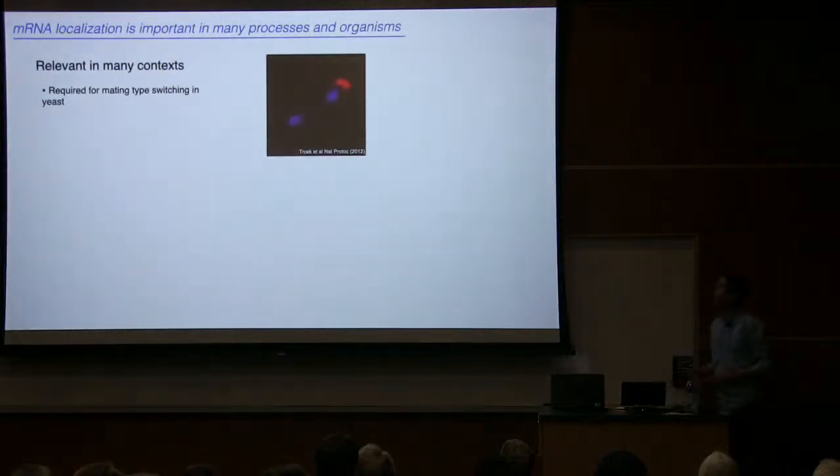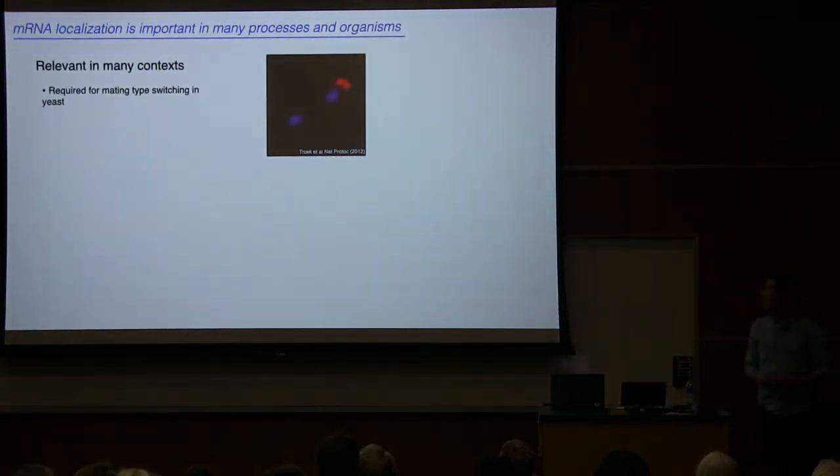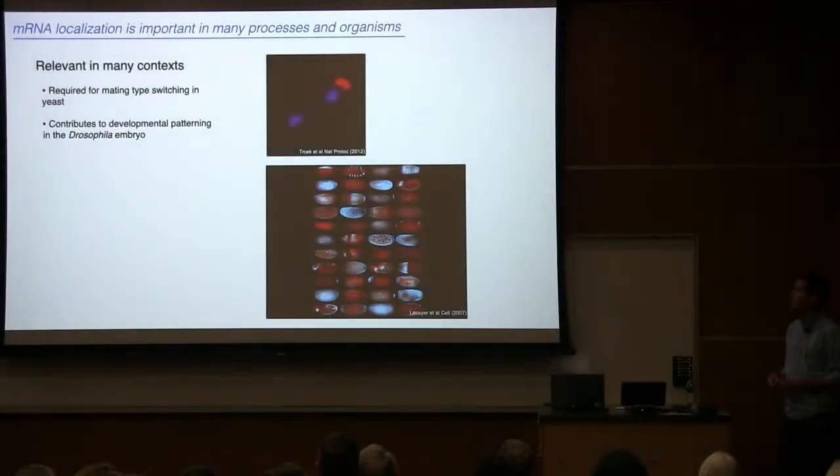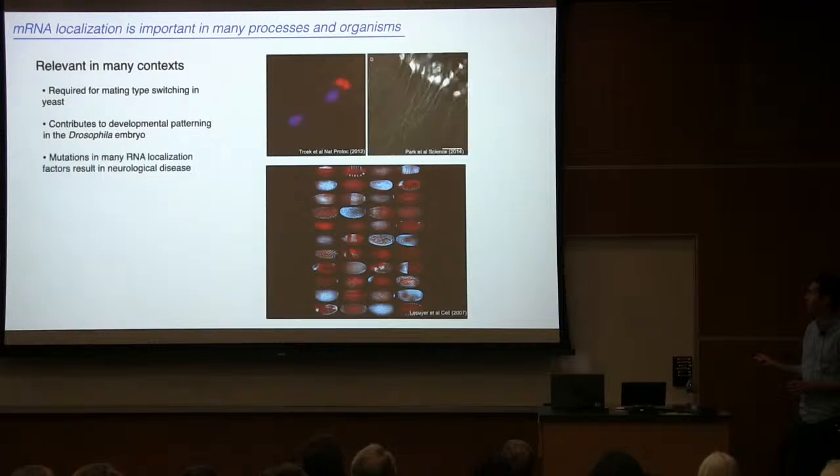Okay. One of these RNAs has to be localized to the bud in order for this to happen. It contributes, as many of you know, to quite a bit of developmental patterning in the Drosophila embryo. Each one of these embryos here is stained with a FISH probe for a different RNA, and I hope that you can appreciate that all these different RNAs have wildly different spatial localizations within these embryos.